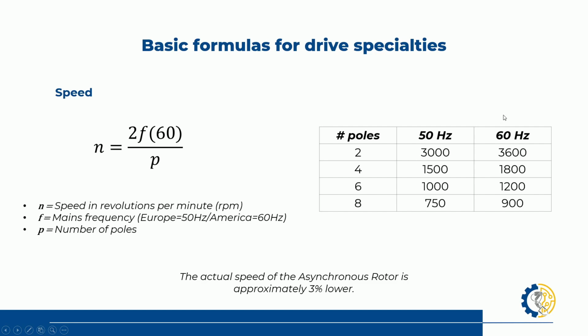So you're going to get these results, and the only thing that changes is the number of poles. Now, why is it fixed? Because, as I previously told you, each country has its own fixed frequency. It depends on each country, but they already have their frequency established.